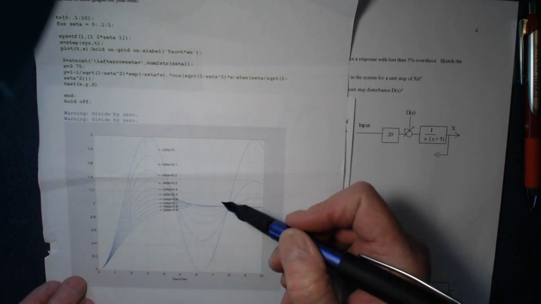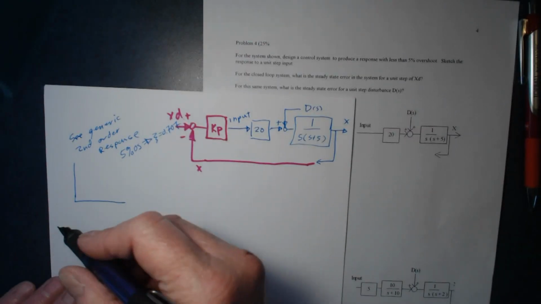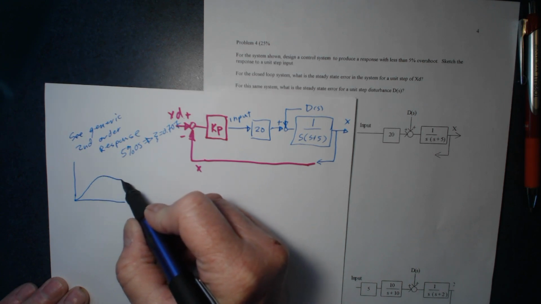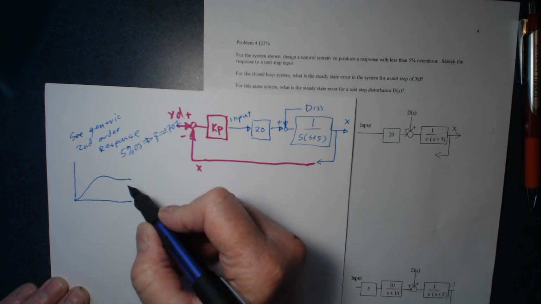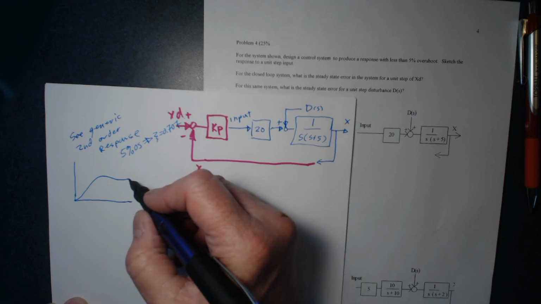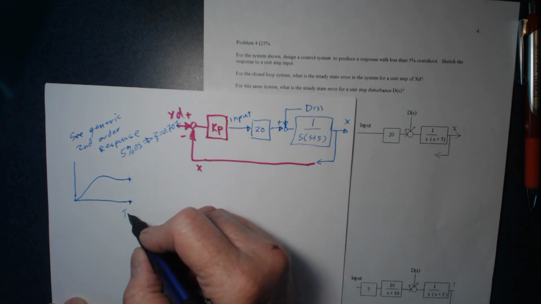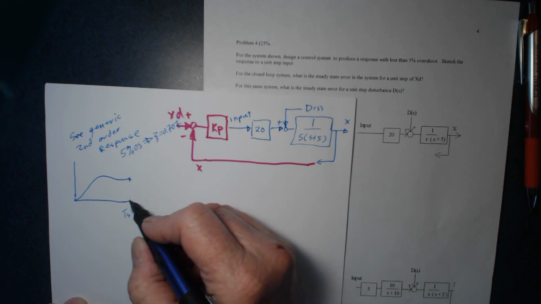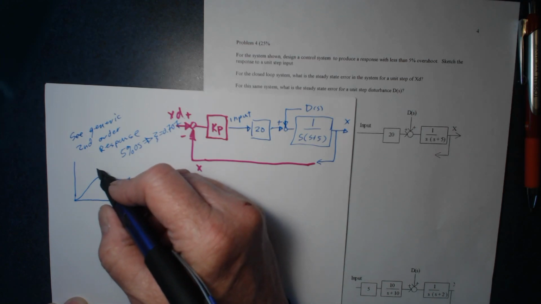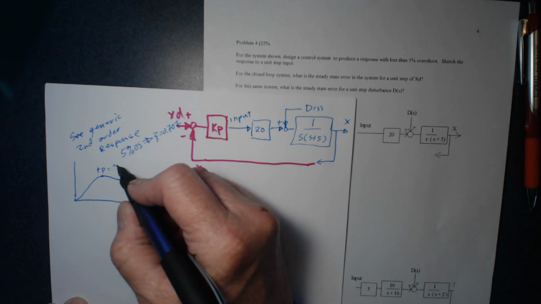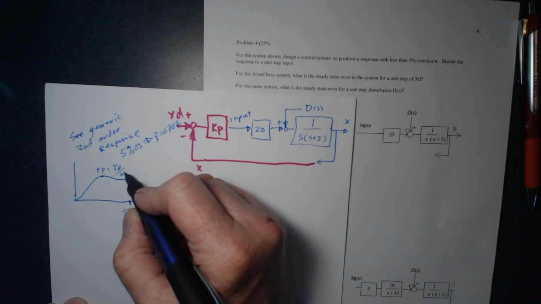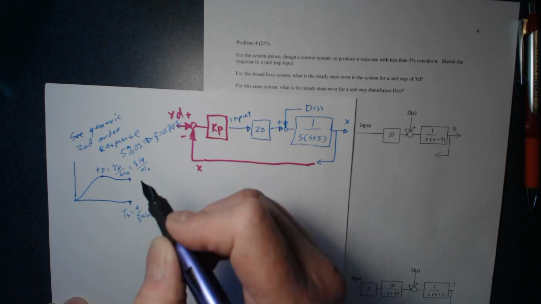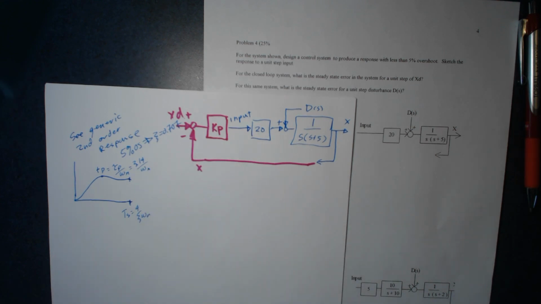I'm going to redraw this down here, and it's going to look something like this, where the settling time, Ts, is equal to 4 over zeta omega n. I don't know what those are yet, but I also know that the peak time is pi over omega n, 3.14 over omega n. Again, I don't know what omega n is just yet.